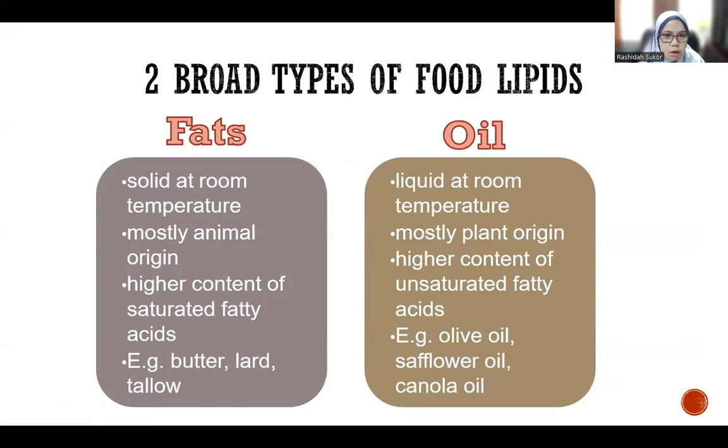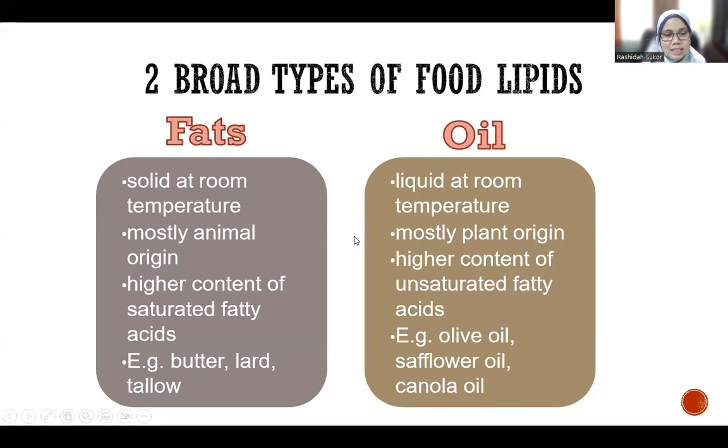So this is what I was mentioning just now. When we talk about types of food lipids, we have the fats and also the oils. When we say fat, normally we are referring to the physical fat, which is solid at room temperature. We don't normally call oil fat, although both also mean lipids. But normally we call lard, butter, tallow, these are all fats.